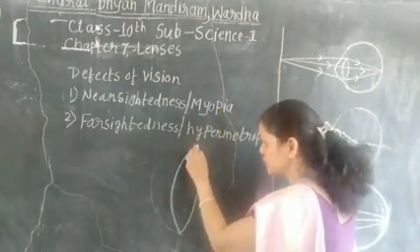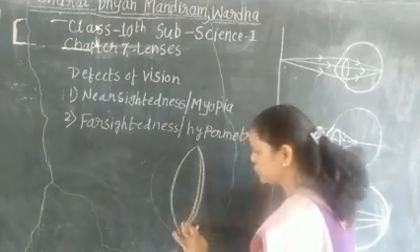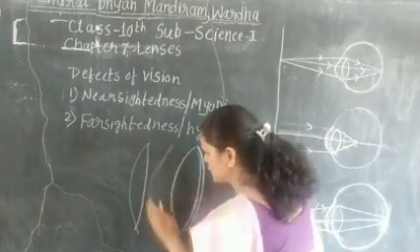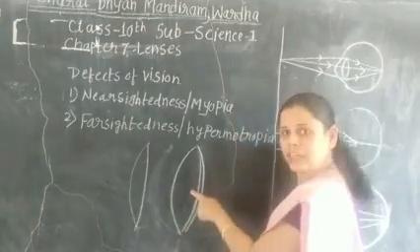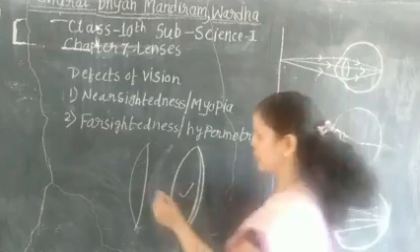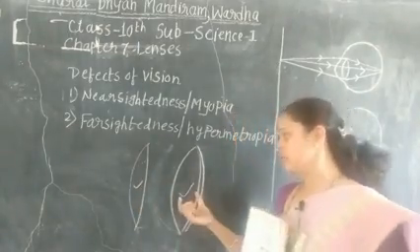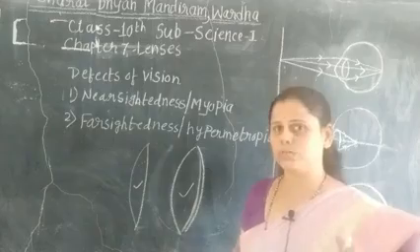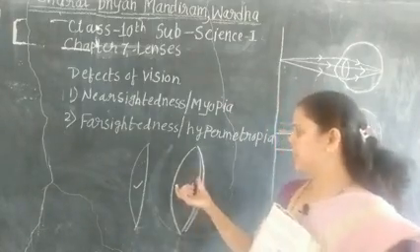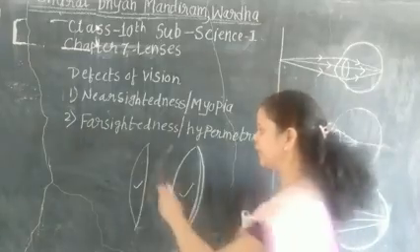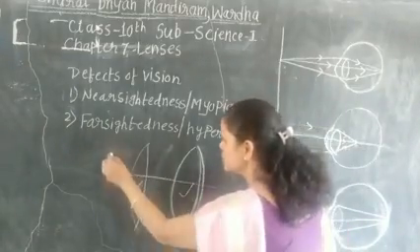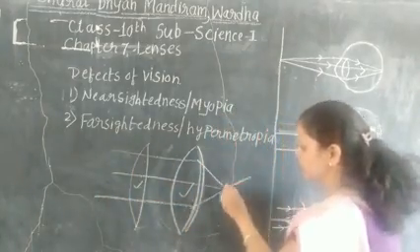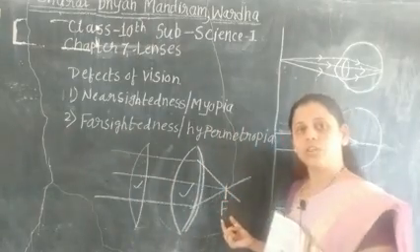Just see in the case of these two lenses: the curvature is increased in one image and decreased in the other. If the curvature is increased, then the converging power is larger. Here are two terms, converging and diverging. In the refraction of a convex lens, the light rays converge, meaning they meet at a specific point called the focus.